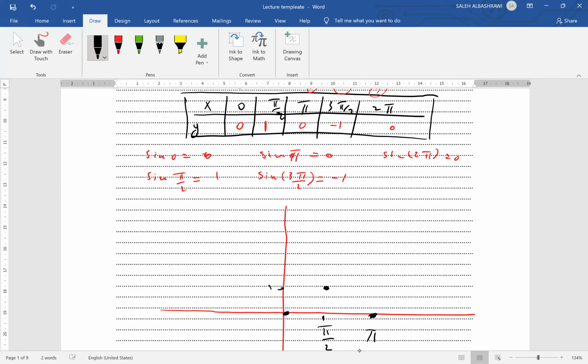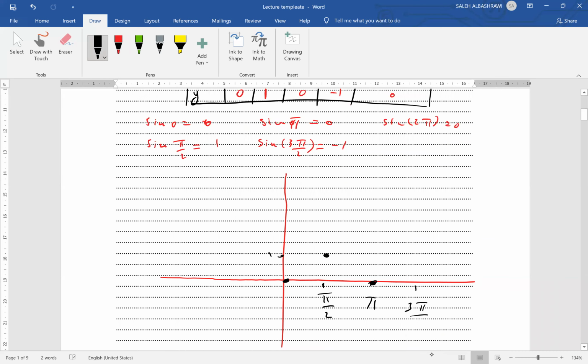If it is 3 pi over 2, it will be minus 1. And if it is 2 pi, I will have 0.